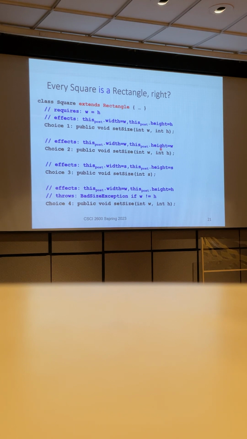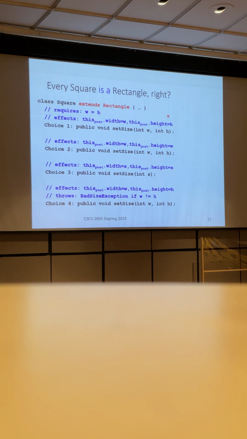So can you make a rectangle a subclass of a square? Well, you can try, and we'll see what happens. You can, but whether it's a good idea or not, that's a different story. Let's look at these 4 choices for how we could implement set size. Basically, the problem is we are inheriting too many parameters.